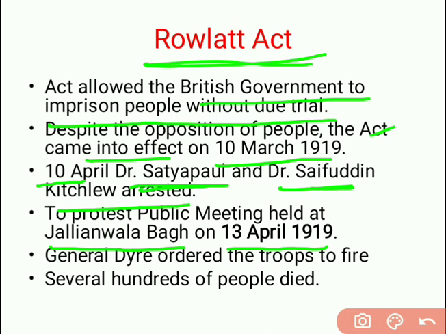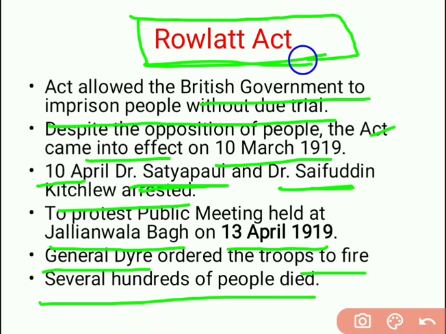At that time, General Dyer came into the garden with his troops and ordered them to fire on the public attending the meeting. In this incident, several hundred people died and many were injured. This was the brutal action of the government under the Rowlatt Act.